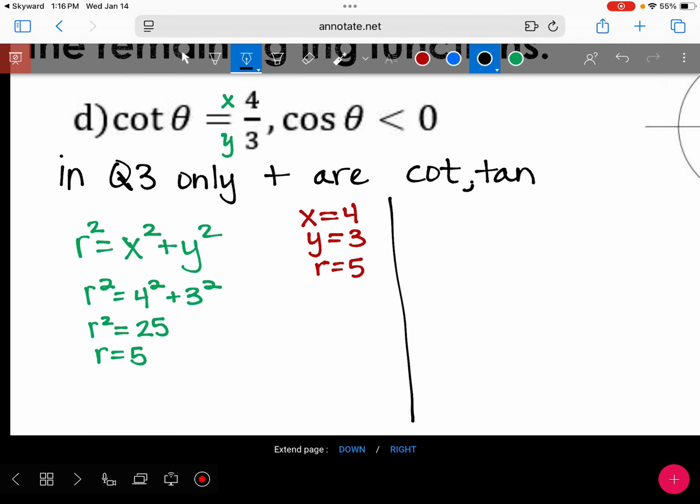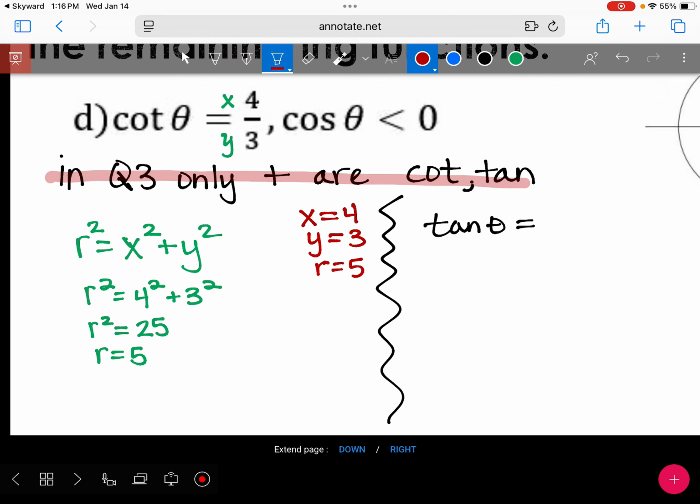So let's start off with tangent. So the tangent of the angle is going to be what? What is the tangent going to be? 3 over 4. Because tangent is y over x.